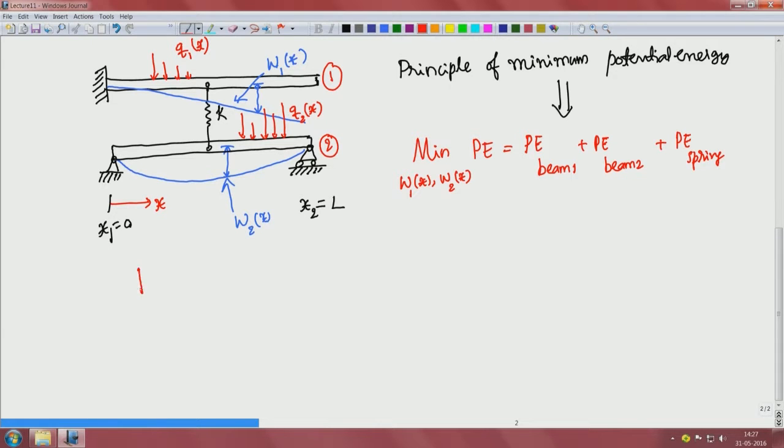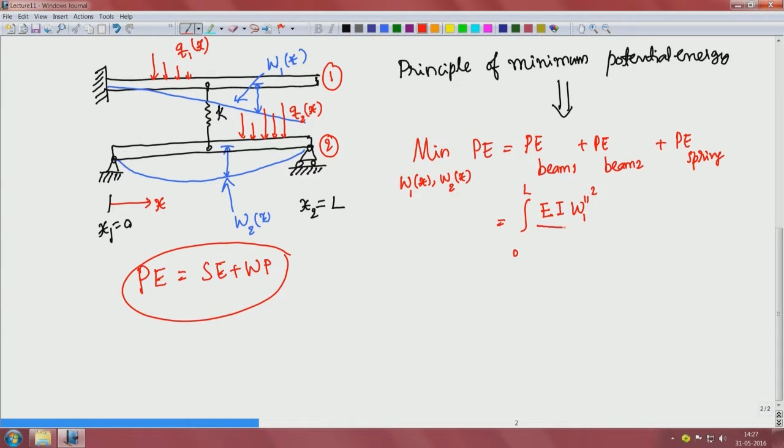Again recall that potential energy is strain energy plus work potential. Keeping that in mind, we can write this potential energy here as for beam 1 it is 0 to L. If I assume Young's modulus is E and second moment of area is I, then W double prime, this is the first beam. So, W1 double prime square divided by 2, that will be the strain energy for beam 1.